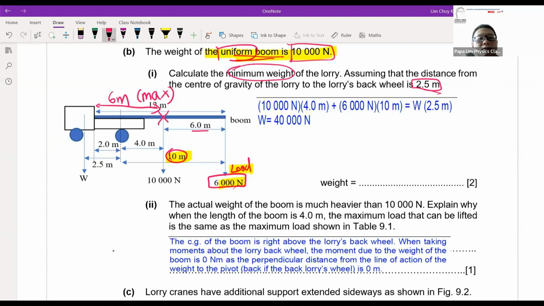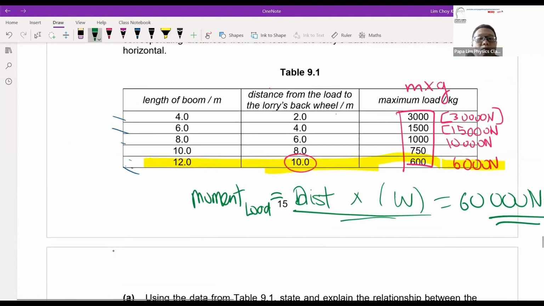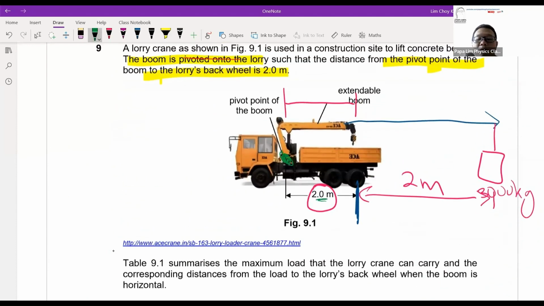So this is where the boom is. This is 6 meter. This is the load of the boom itself, the weight of the boom. So how do I know it is 4 meter from the back wheel? One piece of information that I remind students to take note of is the beginning picture. At the beginning, you'll find that the starting point of the boom is 2 meter from the back wheel.